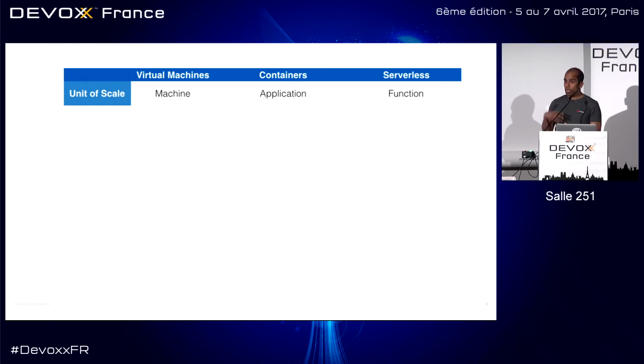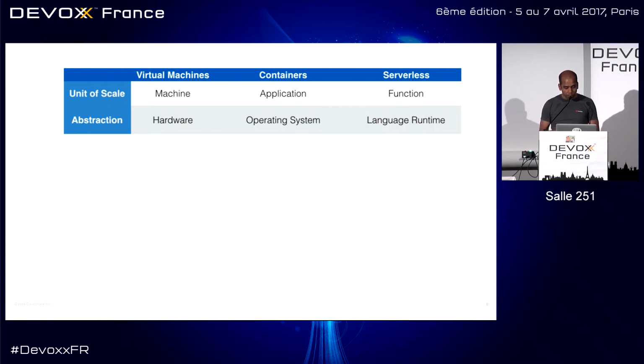In terms of containers, it's an application, because you package your application as a Docker container, and you have different orchestration frameworks which allow you to scale each Docker container independently. And in terms of serverless, your application consists of multiple functions. You break down your application into multiple functions, and then your unit of scale itself becomes the function.